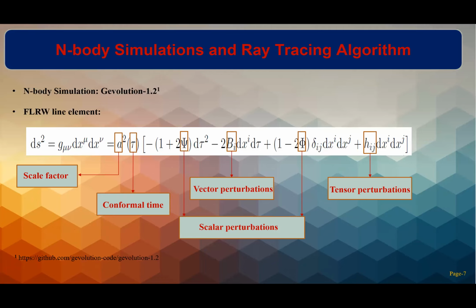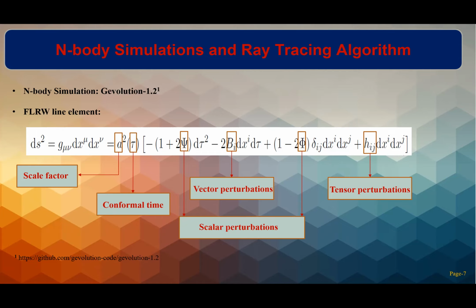Now let's discuss our simulations and the ray tracing algorithm. The N-body code we have used here is gevolution. This is the first simulation of cosmic structure formation using the framework of Einstein's general theory of relativity.